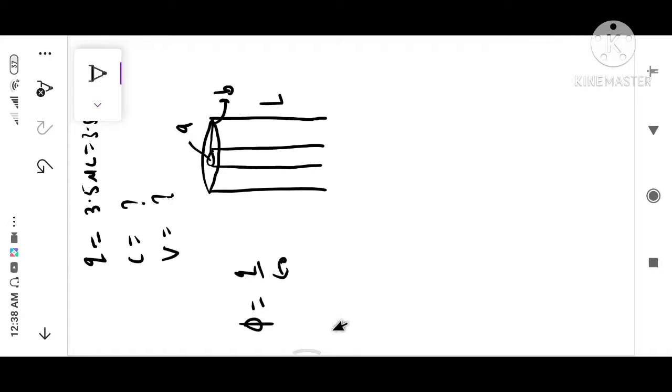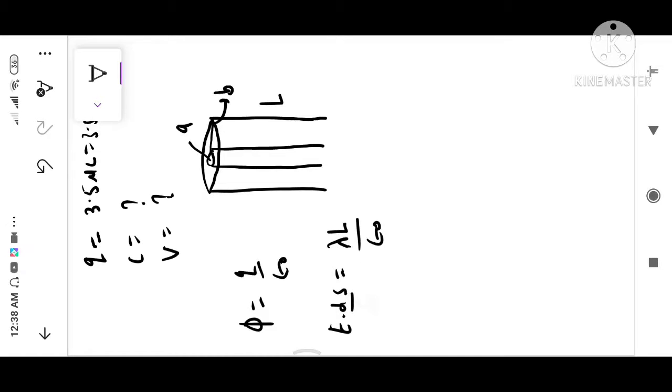Flux is basically E dot ds, and E dot ds is equal to q. And what is q? See here, this is the cylindrical length, and here we have to apply linear charge density lambda, because it is given length wise. So total charge is lambda multiplied by its length, divided by epsilon naught. Now what is ds?